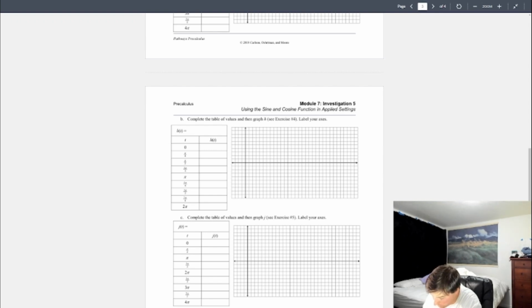So 3 pi over 4. That's not 3 pi. 3 pi over 4 would be half, but it's going to be at -1. Oh, there we go. -1, -2.3. Interesting. Just make sure I'm on the right path. Okay. Sine 2 pi. Yeah, it would just be 0. That's crazy.